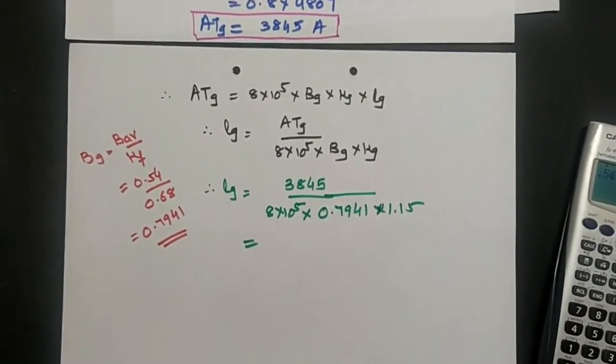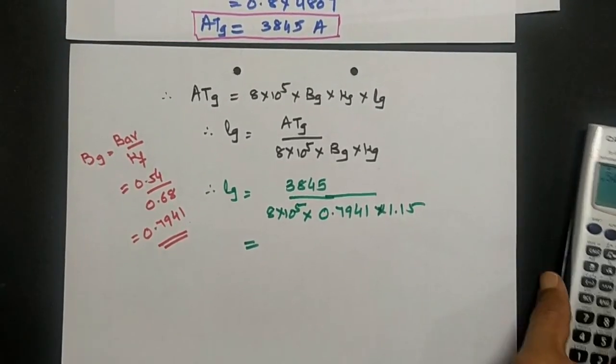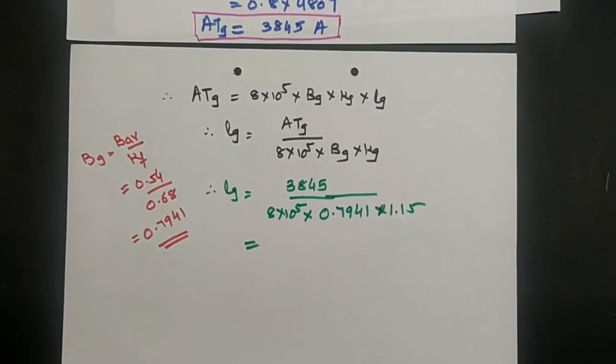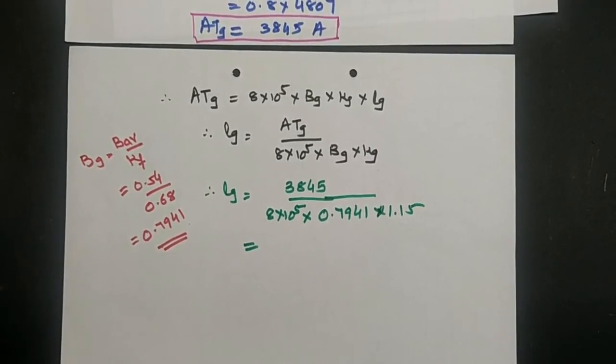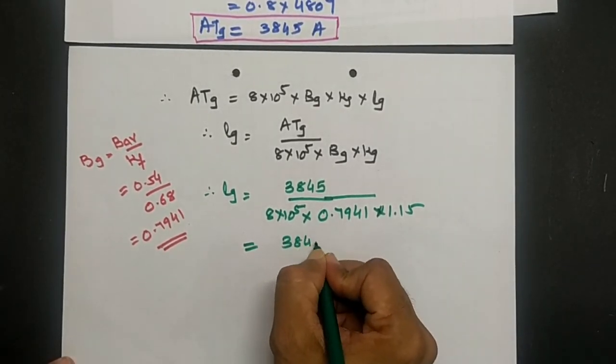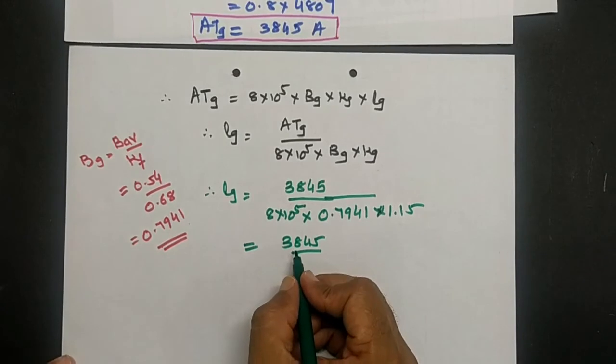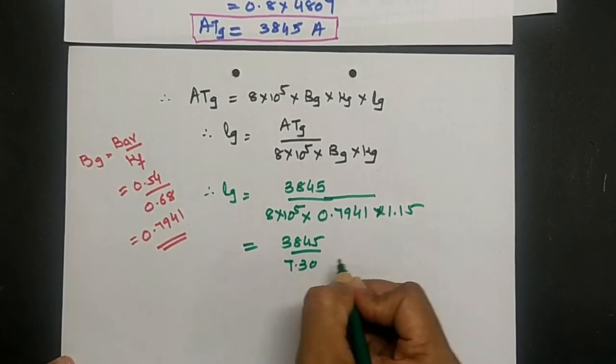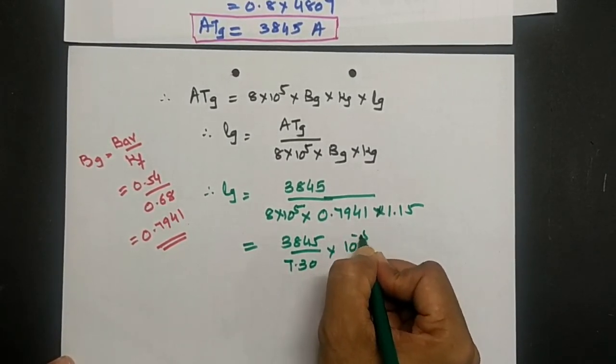When we calculate this, the denominator comes to 7.30 multiplied by 10 raised to 5.